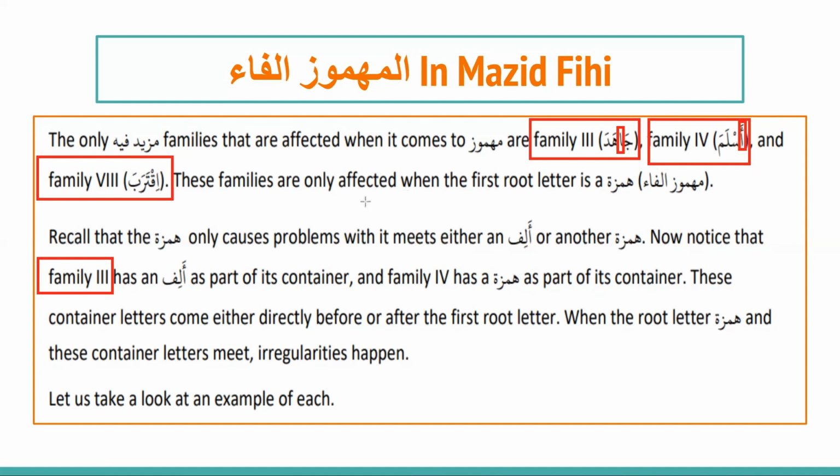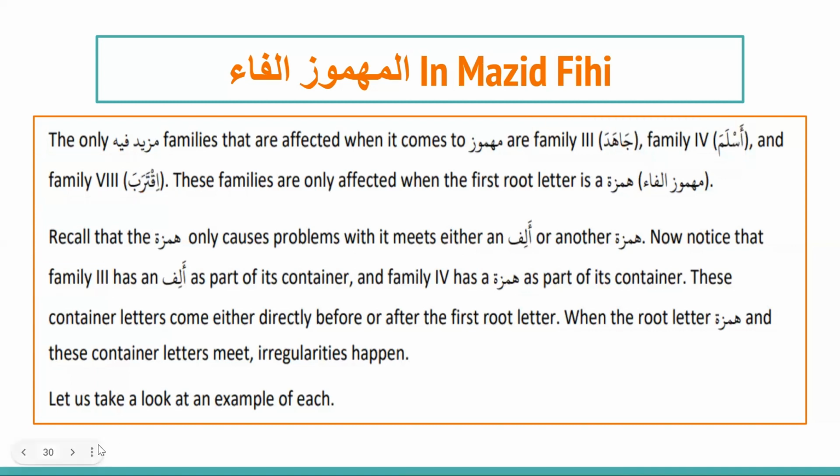And in iqtaraba, we have a hamza at the very beginning, and we have an extra ta also in family 8. Let's see what happens with each of these families, one by one.